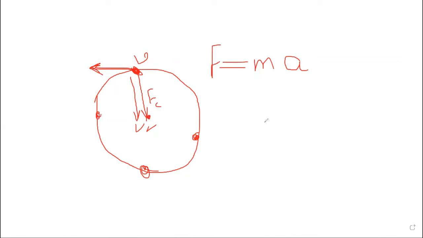What is meant by perpendicular? Perpendicular means they make a 90-degree angle with the direction of the centripetal force. This means this vector, which represents the velocity, is tangent to this circle at this point.